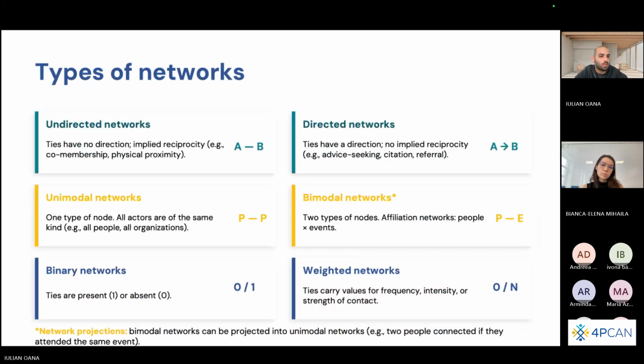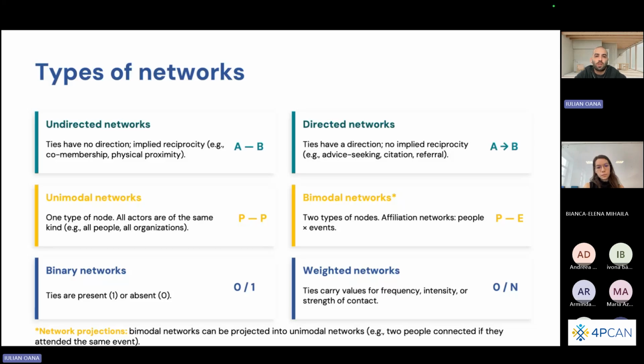Some other things to remember, and it's important when it comes to visualization of networks, is that depending on what kind of ties we're dealing with, we can talk either about undirected versus directed networks.